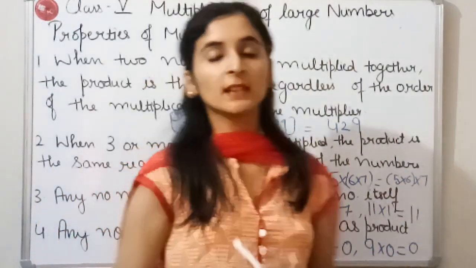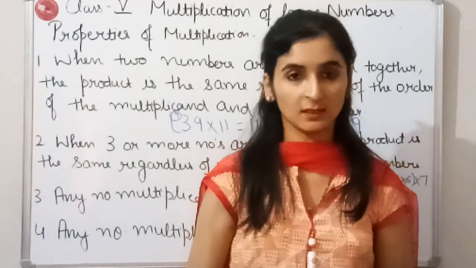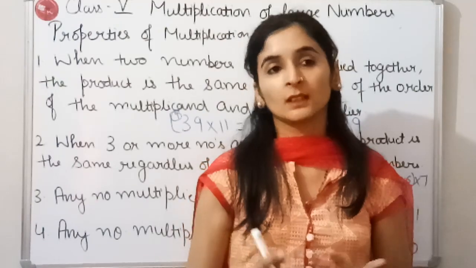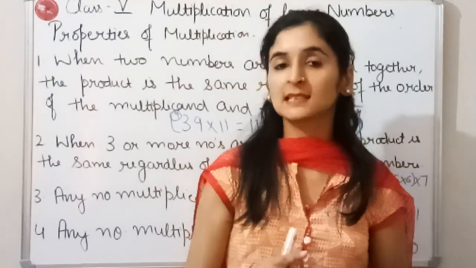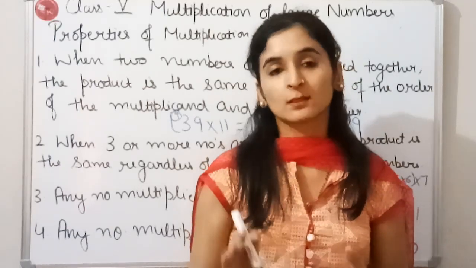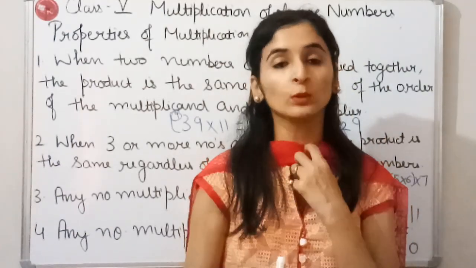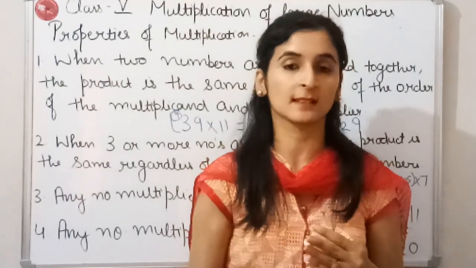So children, today we have discussed multiplication with large numbers. There is one more method, the lattice method, that we are not going to do. So from exercise 2.4 we are going to leave question number 2 as it is, based on the lattice method itself.